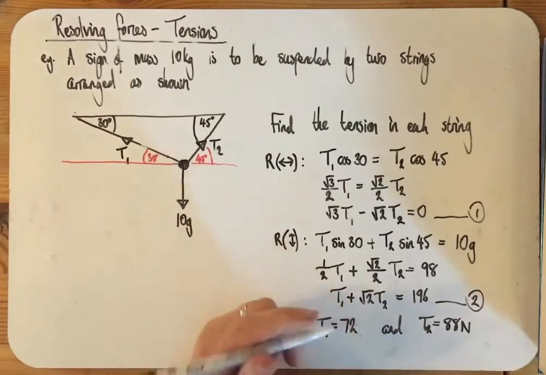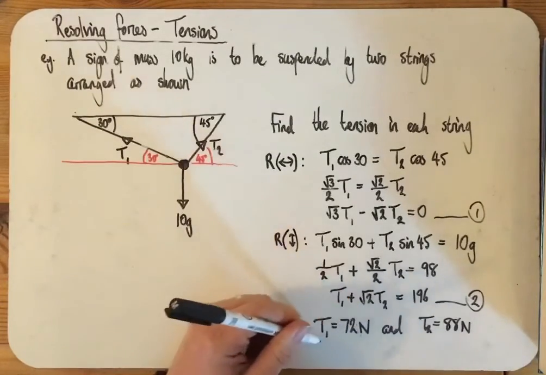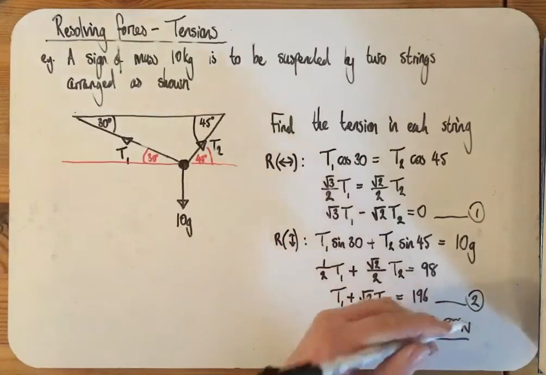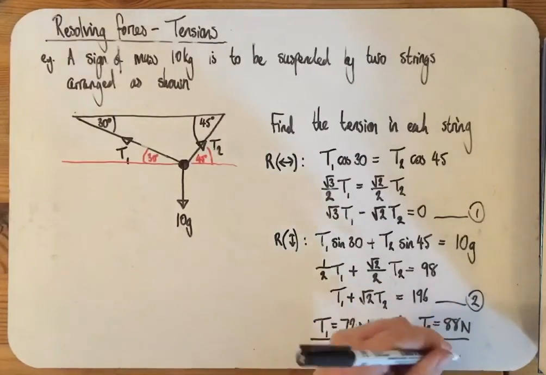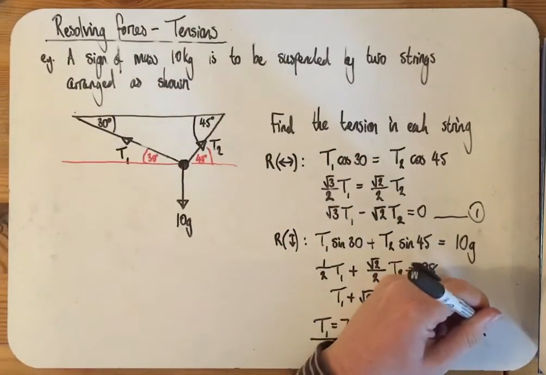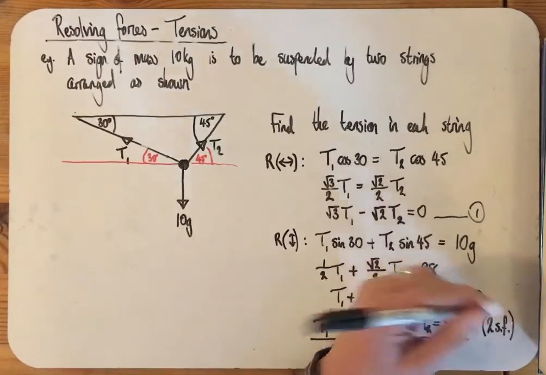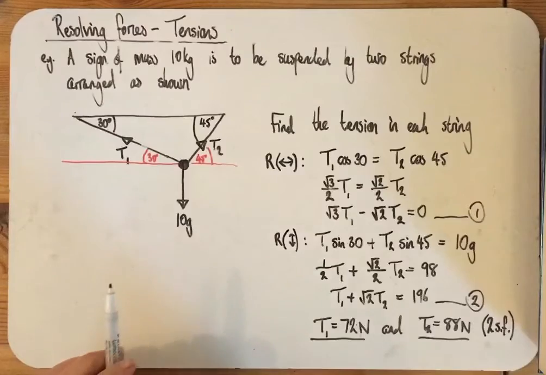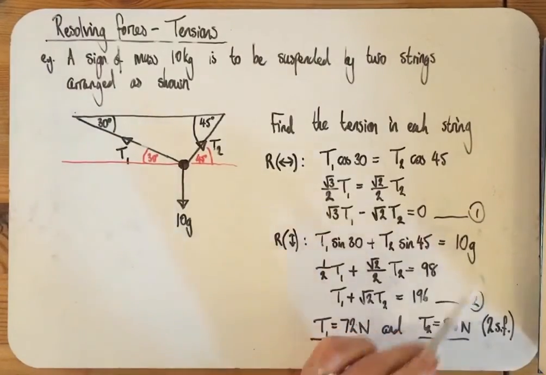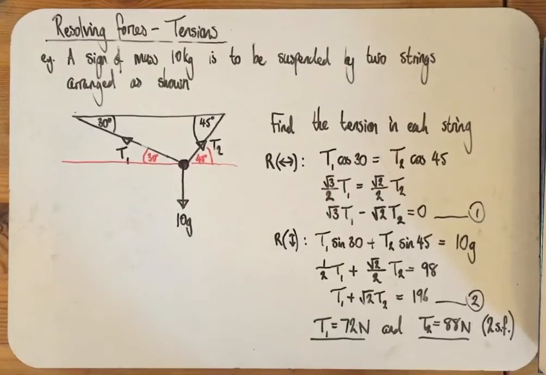Sorry, it's not the best writing. There we go. And they're both to two significant figures. I hope you can still see what I'm writing. I think you can. So they're both to 2 sig fig because we're using g, which is 9.8 to 2 sig fig. So the answer will only be correct to 2 significant figures at best.